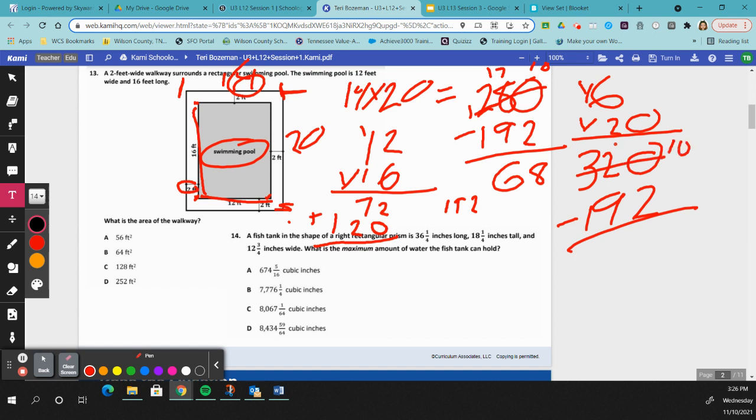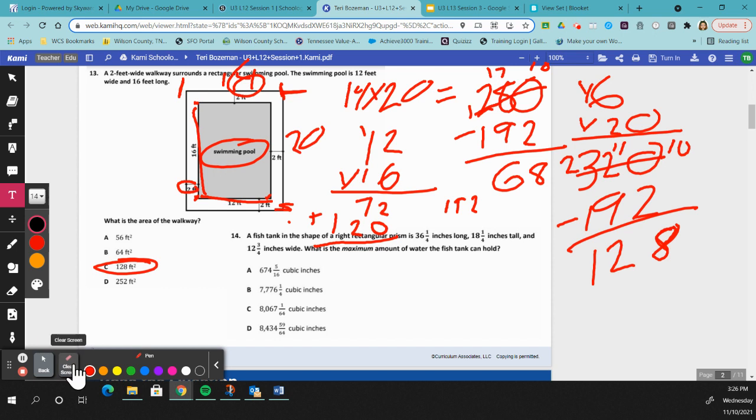We have 10, we have 11, and we have 2. So we have 8. 11 minus 9 is 2. And then 2 minus 1 is 1. So 128. So our answer is C for number 13 on star problems.